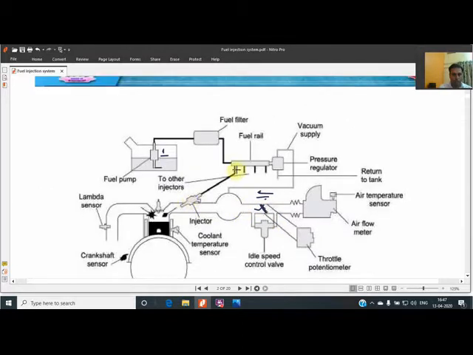Both fuel from the common rail and air from this direction get mixed over here, and at that time the spark plug ignites the fuel. A spark plug is used in petrol engines, while in diesel engines there is direct auto ignition.